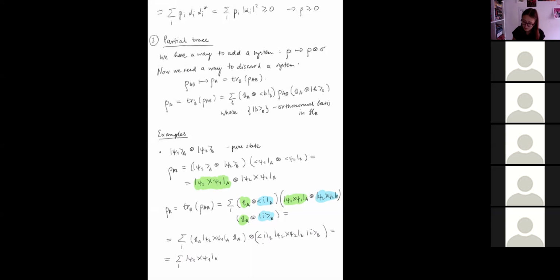And the second part here, actually, to understand this better, let me write it out together with the sum here. So what is this? This is the sum over I of the matrix psi2, right?